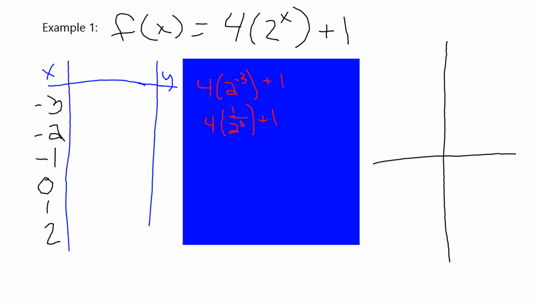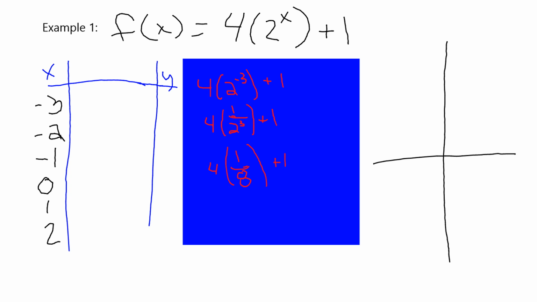So order of operations says to do exponents first. So I'm going to have 1 over 2 to the third power, which means 2 times 2 times 2, which gives you 8. Keep that in parentheses with the 4 on the outside, then plus 1.